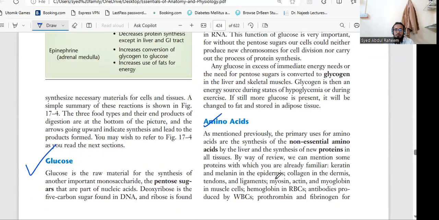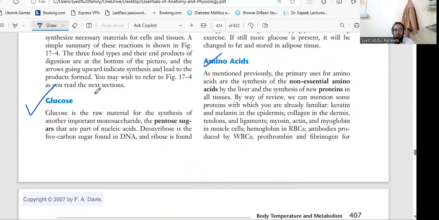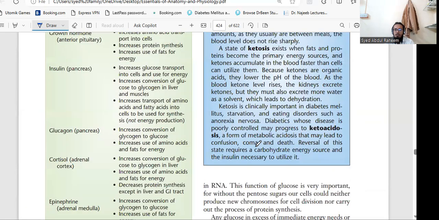Okay. So let's discuss the food. What are the different types of food we have? One type of food is glucose. Glucose is the raw material for the synthesis of another important monosaccharide. The pentose sugars are part of nucleic acids. Deoxyribose is the 5-carbon sugar found in DNA, and ribose is found in RNA.